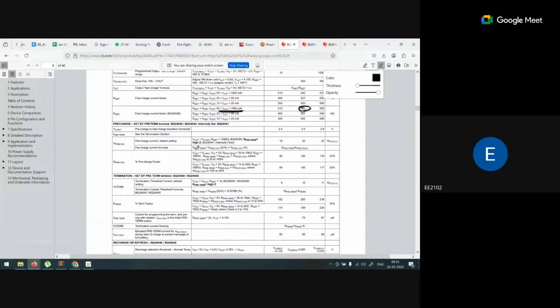If you see in the formula, R preterm is equal to K preterm into the percentage of preterm charge.